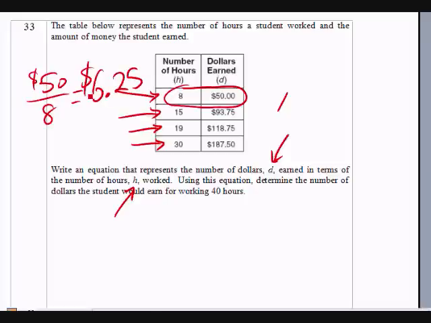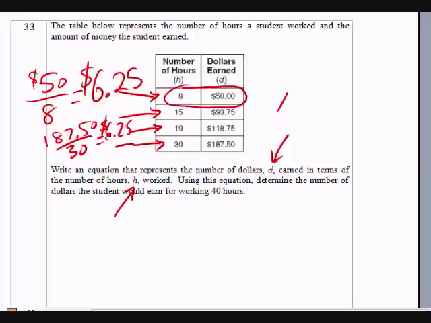So the student gets paid $6.25 per hour. You can do the same thing using the last one over here: 187.50 divided by 30. That'll still give you 6.25. All of them are going to be the same.